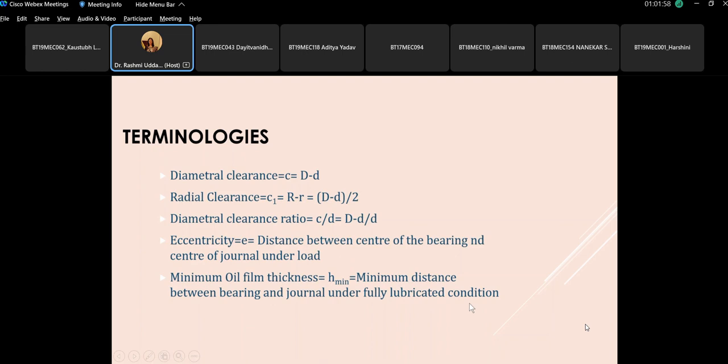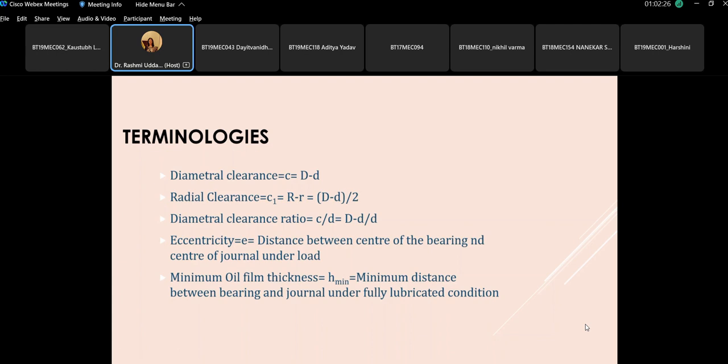Fully lubricated means hydrodynamically lubricated, which means there is a layer of oil continuously separating the two moving surfaces. At no point will the two surfaces of the journal and bearing come in direct contact. That is the meaning of fully lubricated condition, or hydrodynamic lubrication.